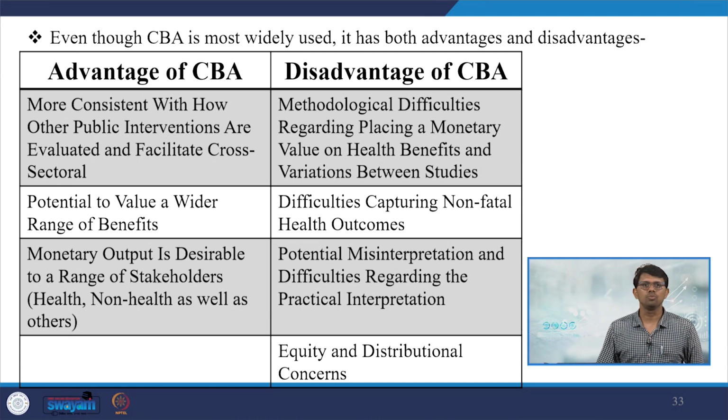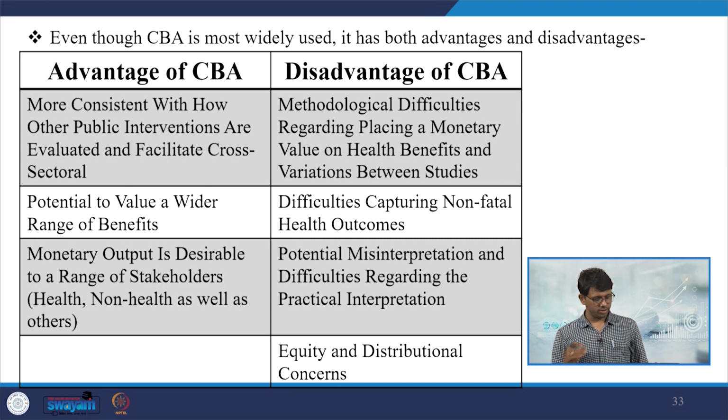Even though CBA is more widely used, it has both advantages and disadvantages. Among the advantages, we have seen that it is more consistent with how other public interventions are evaluated and facilitates comparison across sectors, with potential to value a wider range of benefits. Monetary output is desirable to a range of stakeholders.